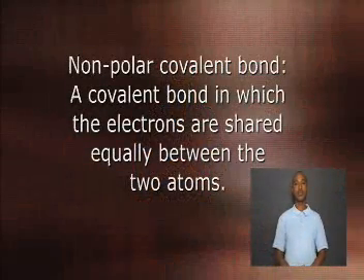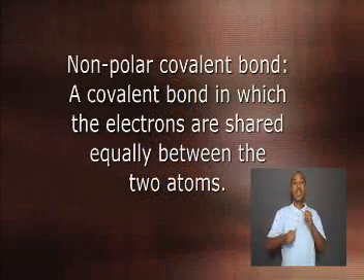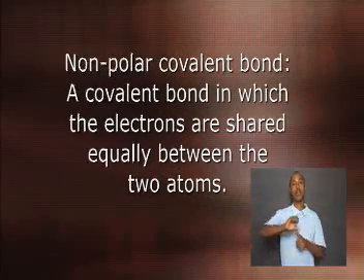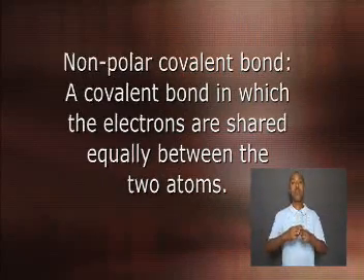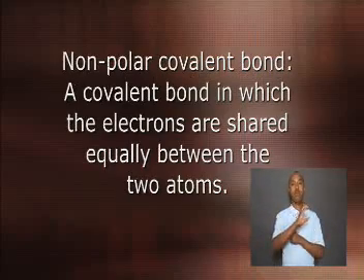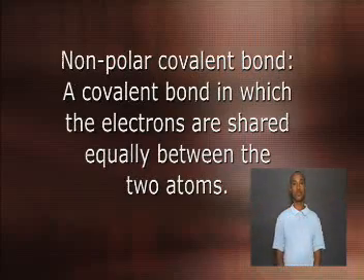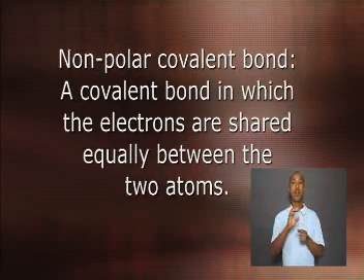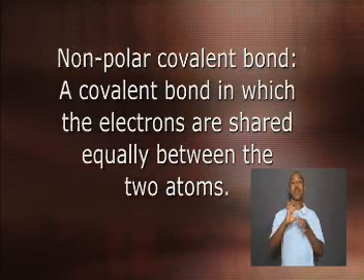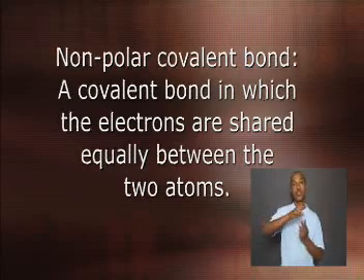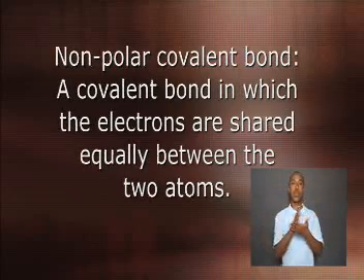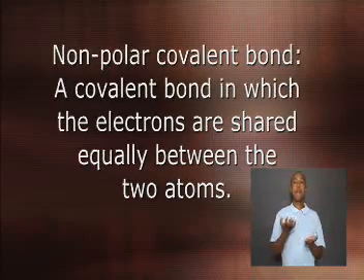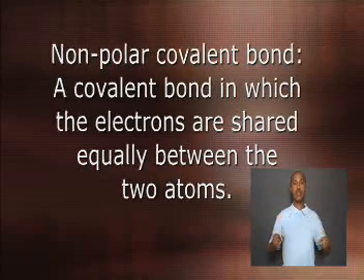A covalent bond in which the electrons are shared equally between the two atoms is called a nonpolar covalent bond. In other words, nonpolar bonds are covalent bonds in which electrons are shared equally between atoms. This results in a balanced distribution of electrical charge.